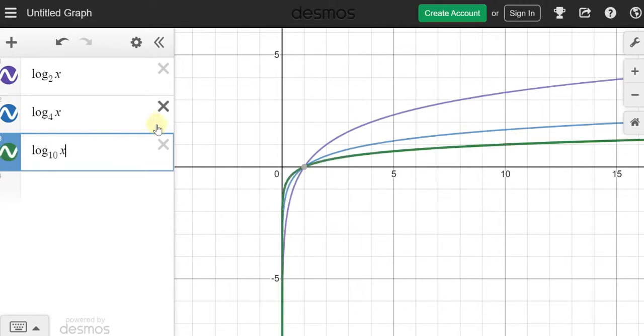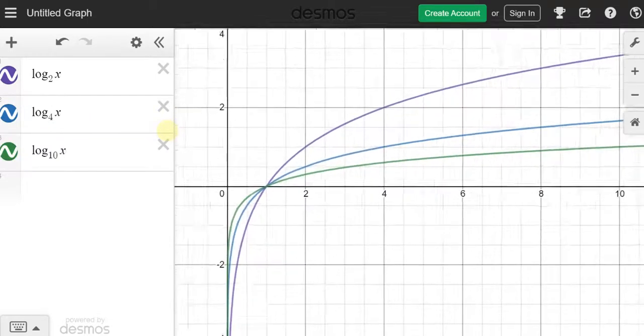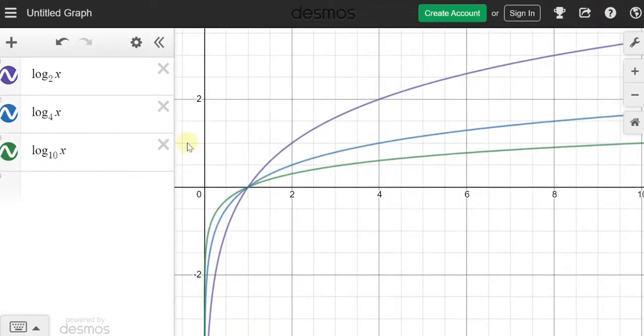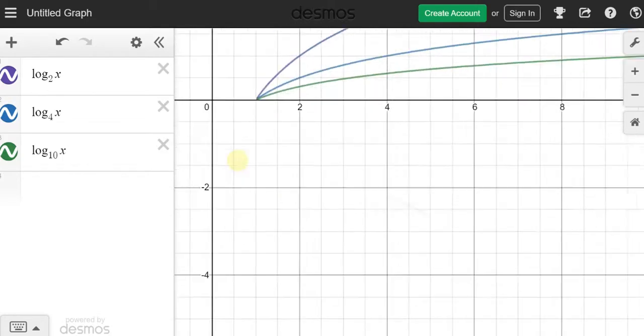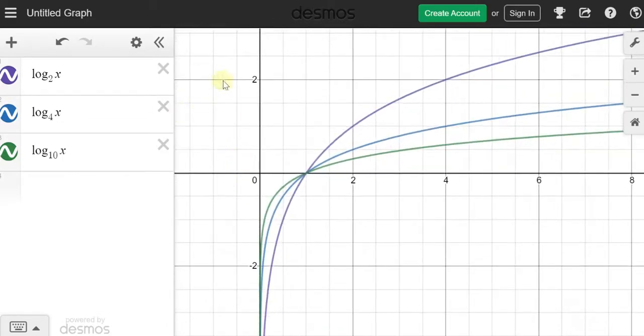So you can kind of see now what's happening with the log function. For base greater than 1, remember we started with the first one, which is log base 2 of x. And then this one is log base 4 of x, the one in the middle.